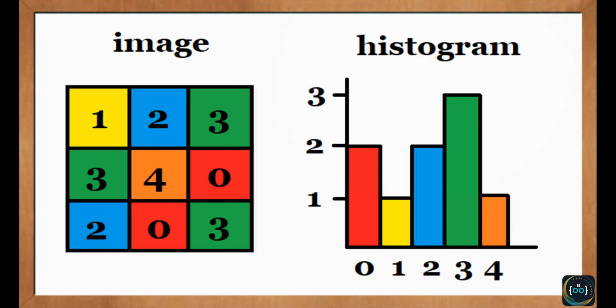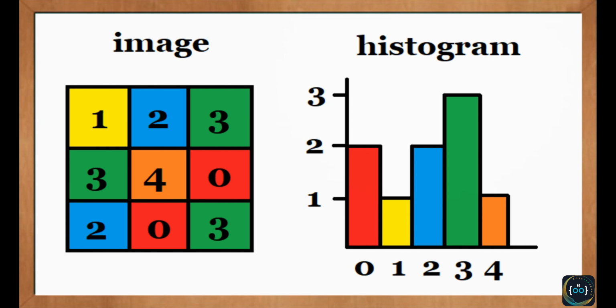Considering the histogram, we have to pick a threshold where we can say below it is black, above it is white. So in this histogram, assuming we pick 2 as a threshold, that means all places that have red, which is 0, and yellow, which is 1, are going to be black, and all the places that have green, which is 3, and orange, which is 4, are going to be white. We can include 2 to be black too, that is the blue ones. So this is what we mean by binarization, picking a threshold.